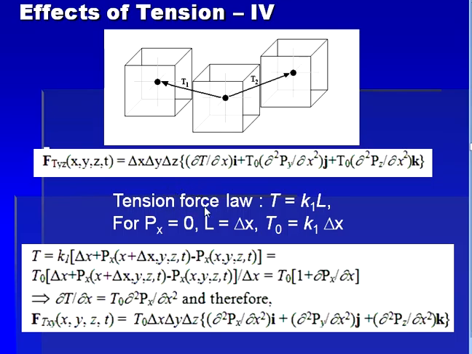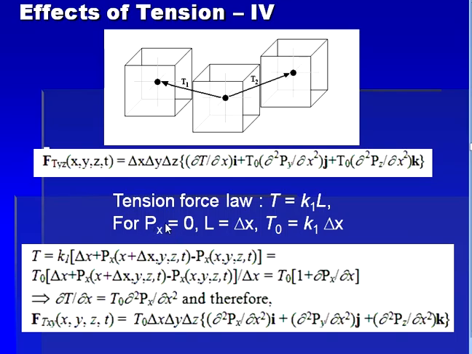Now, from our original tension force law, remember that we postulated that the tension would increase linearly with the amount that a cube was stretched in the direction perpendicular to its faces. If it's not stretched at all, then that means that P is everywhere 0. P is our vector that says how much the position of the ether has moved with respect to its equilibrium position.